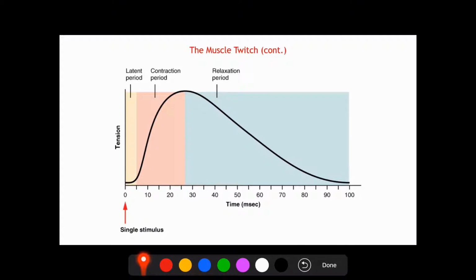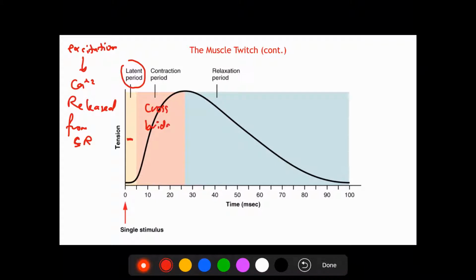The latent period is the time from receiving the excitation, from receiving the message, all the way till calcium ions are released from the SR. The contraction period is the cross bridge, and the relaxation period is restoring calcium ions into the SR.